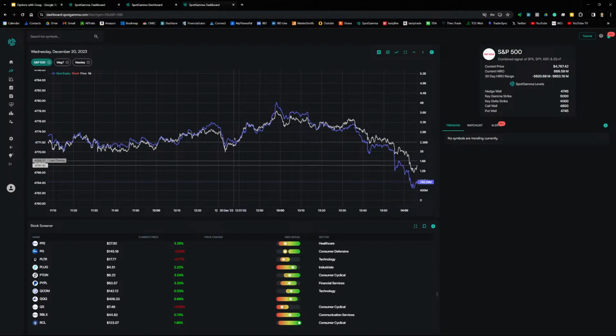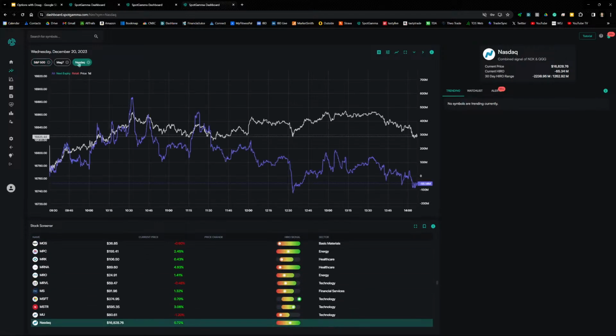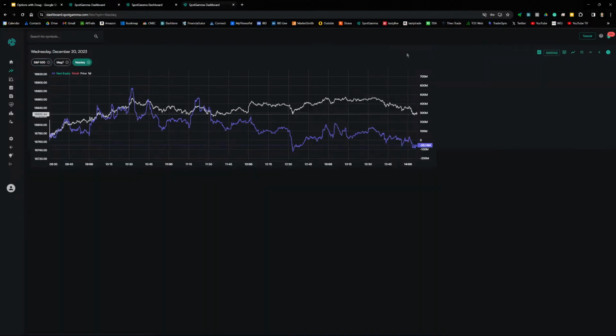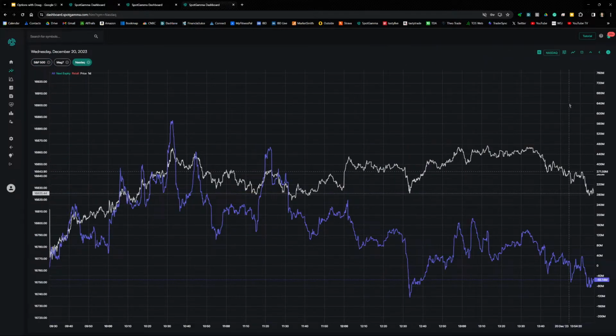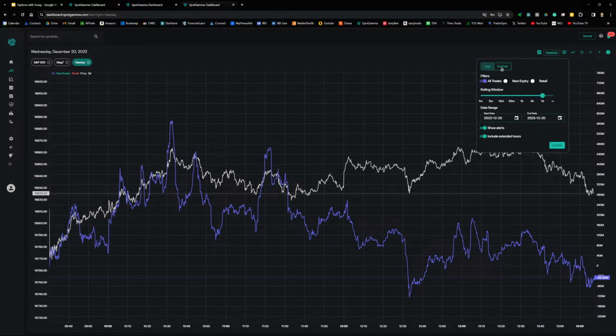And first we'll take a look at NASDAQ. So this is a combined signal for NDX and QQQ. Separate out puts and calls.